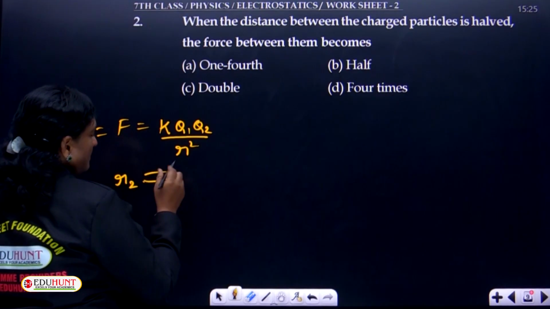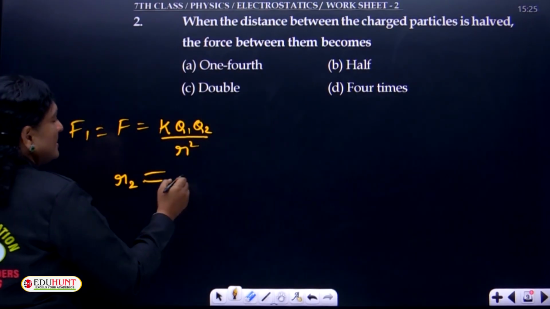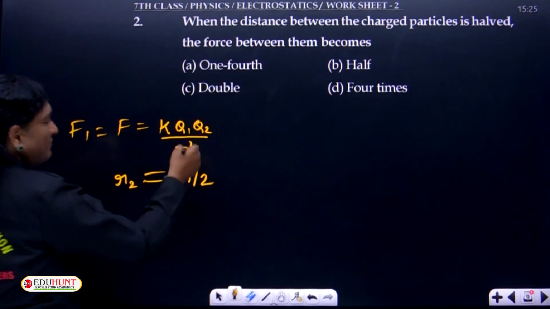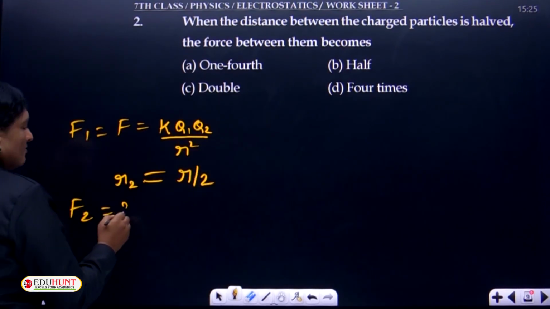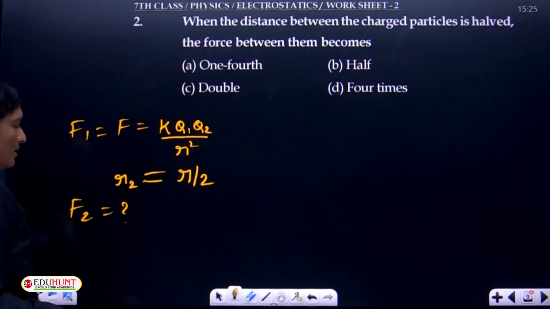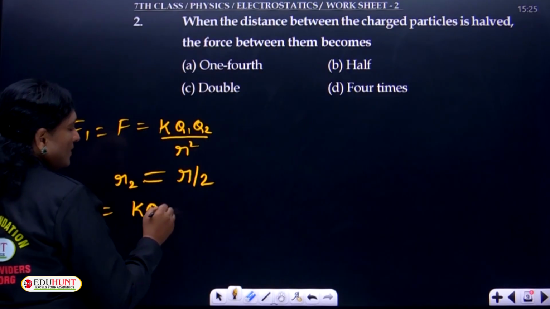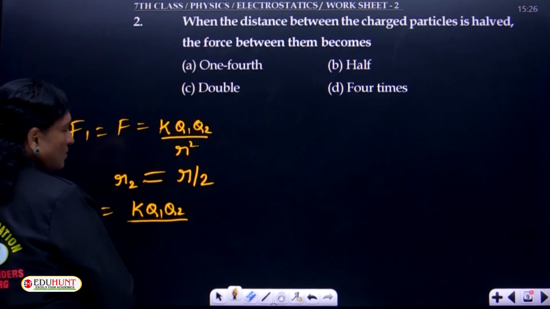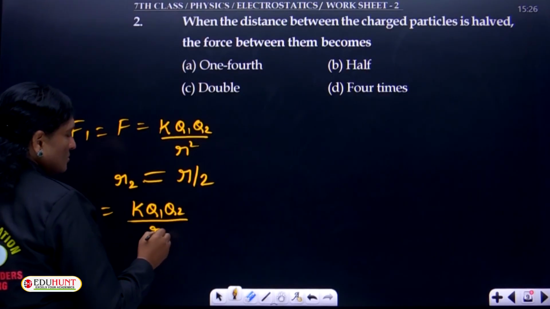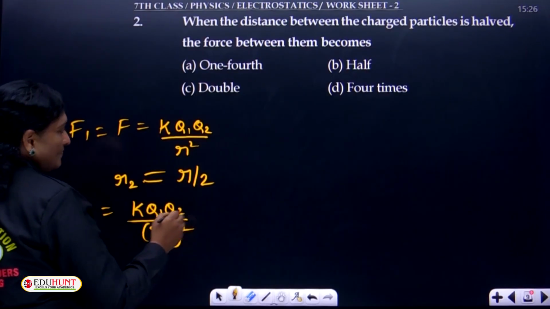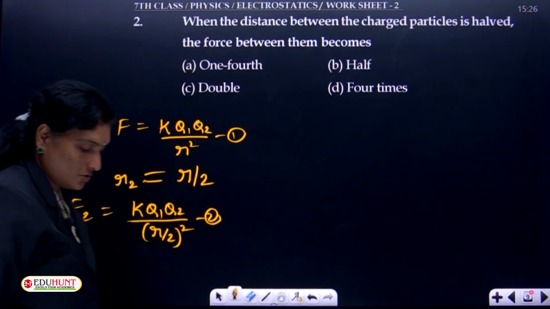So for the second case, when the distance is made half of the first value, the new force F2 is equal to how much? The value of F2 is equal to K, which remains constant, Q1 remains constant, Q2 remains constant. What changes is the value of R, which is now R by 2 whole square. Let this be equation 1 and this be equation 2.